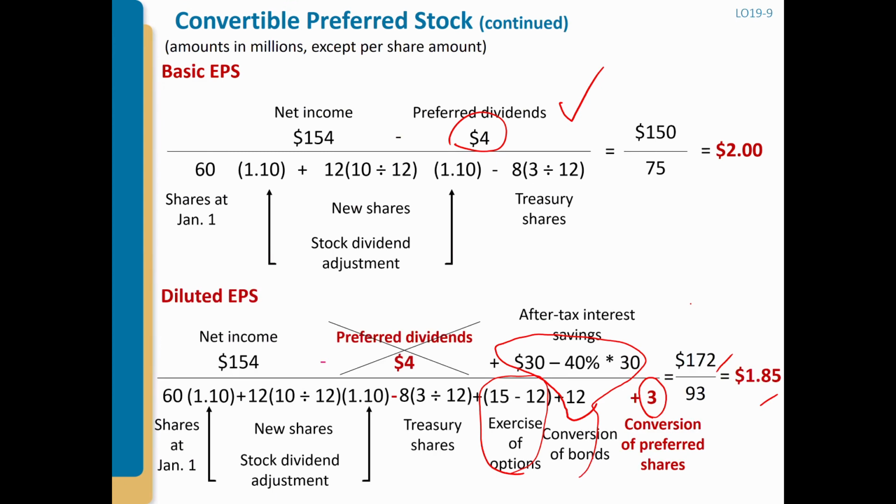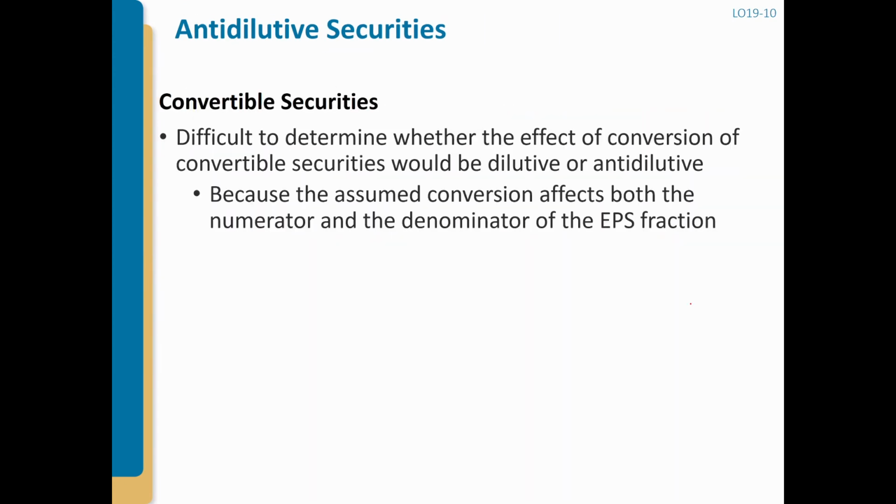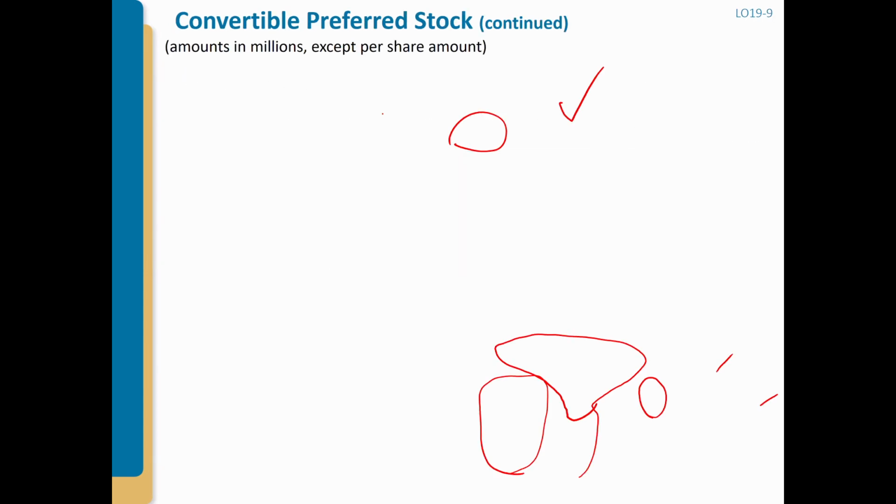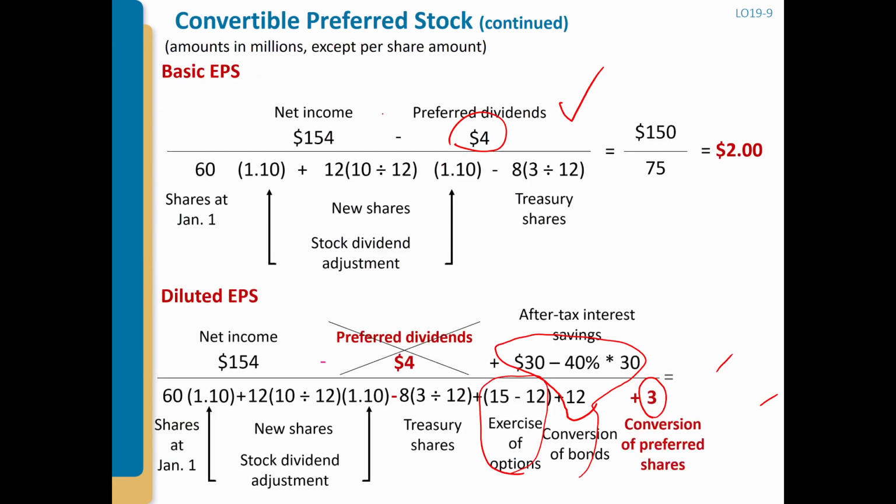Now, what if this is the convertible securities? Convertible securities are a little harder, because you add both. You remember like this, right? On the top, this is the convertible bond. So you add 12 here in the bottom, and you also add this amount on the top.